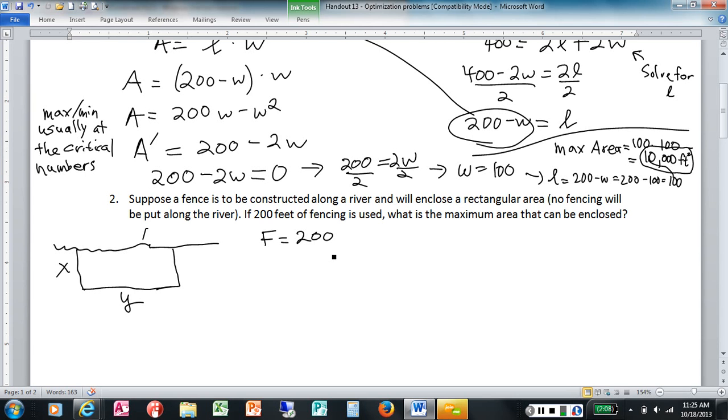All right, well, again, what do we want to maximize? We want to maximize area. So again, I want an area formula here to maximize. What is the area of this space here? It's still a rectangle, so it's still length times width. X times y.